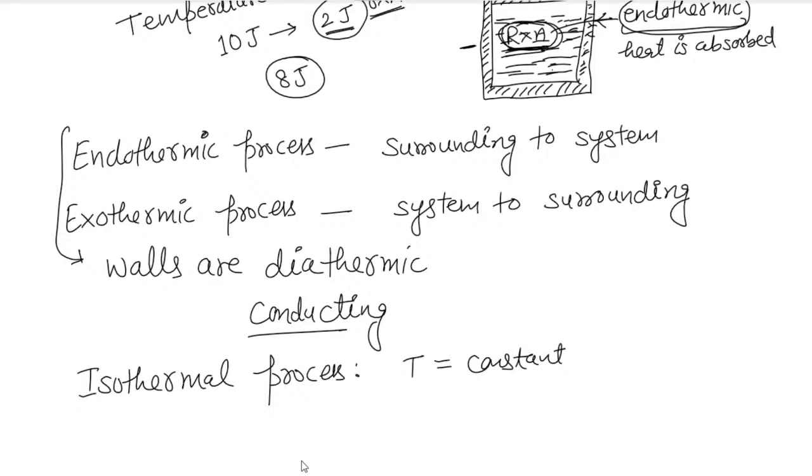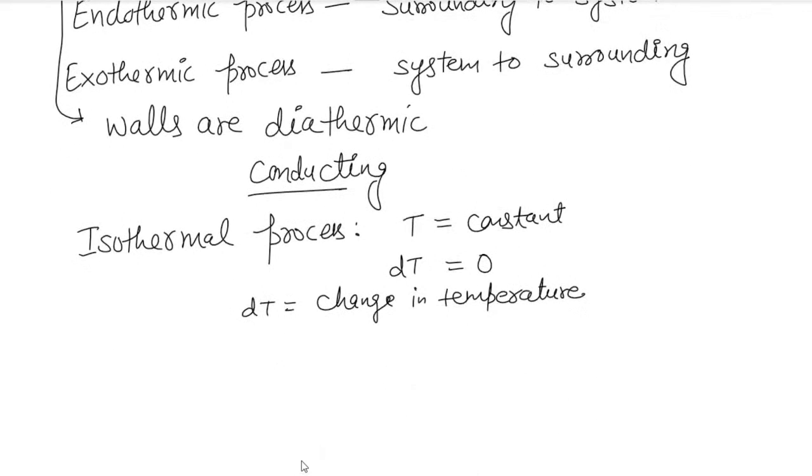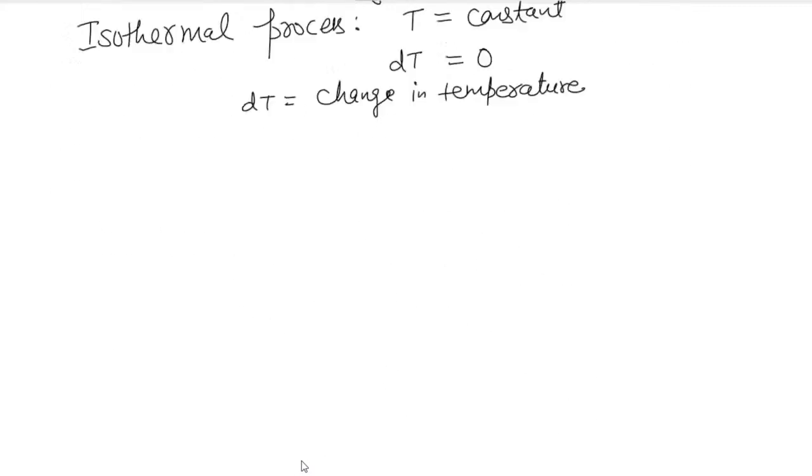Or it means the change in temperature should be 0. dT is the change in temperature. So this is the isothermal process, in which temperature should be kept constant.